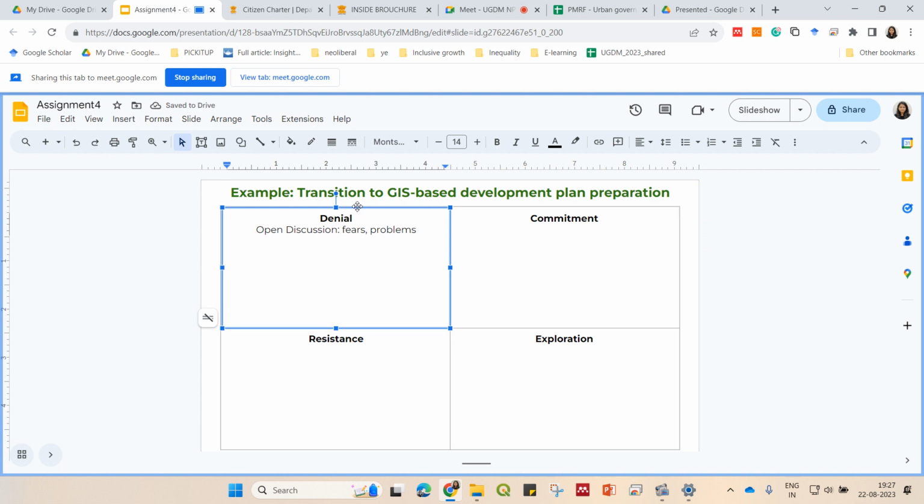So the problems will come only after you communicate to them what the change is going to be and it is going to occur for them and how it's going to affect them.